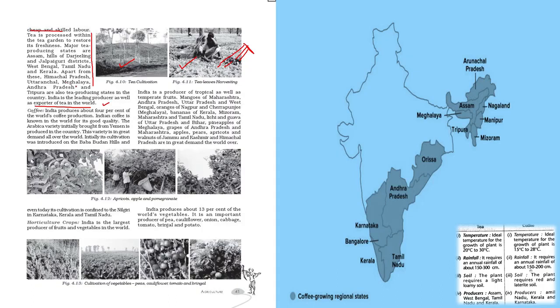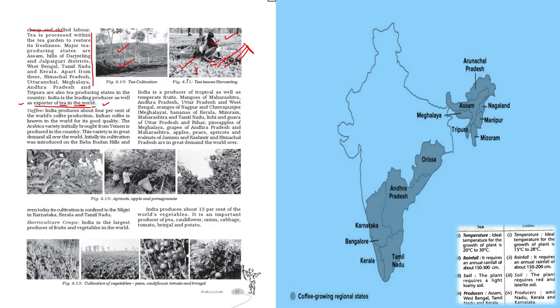A very peculiar feature about tea plantation is that it requires abundant skilled labor, and if you have seen the tea estates, mainly the women are preferred to pluck the tender tea leaves, because it needs a lot of patience while doing this kind of work.